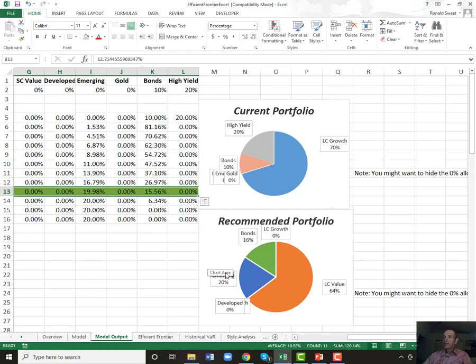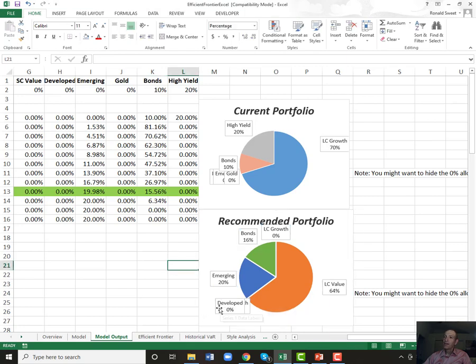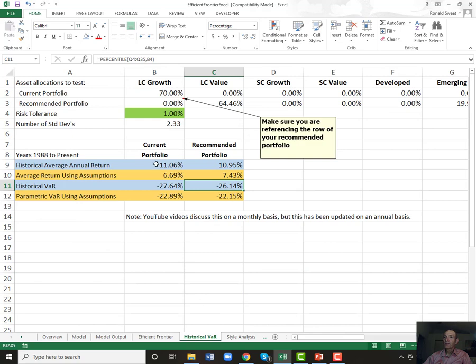One thing in particular, and you don't have it here, but if we were to put a lot into developed market stocks, they have done horribly the last 30 years. So if your model actually allocates to them, then historically they've done horribly, but going forward we think they're going to do pretty well. And that's part of the challenge of this historical versus parametric.